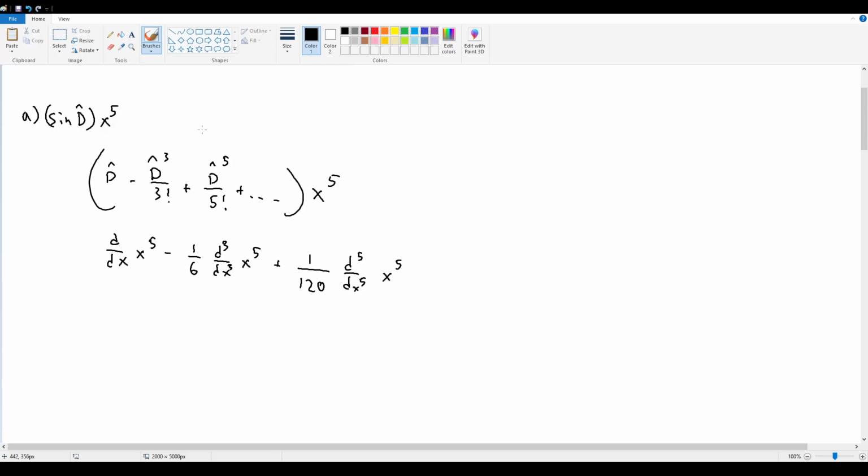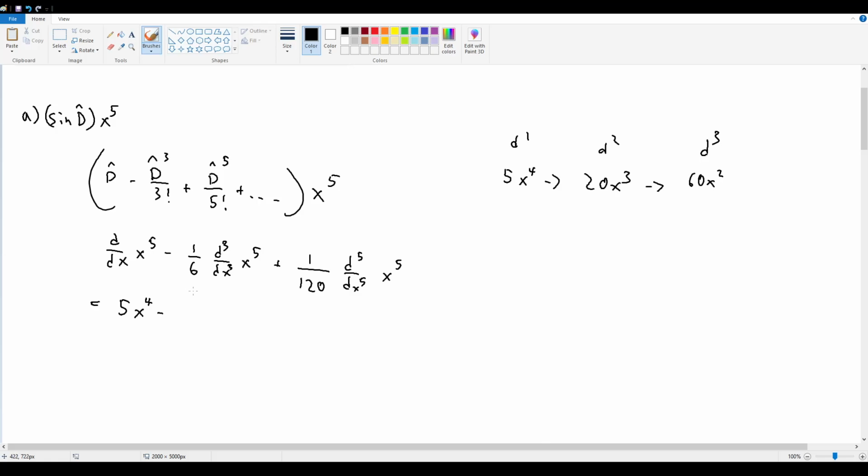This is going to give me something like 5x to the fourth minus, let's see, 5x to the fourth goes to 20x cubed, right? This is d1, this is d2, d3 is going to be like 60x squared, right?